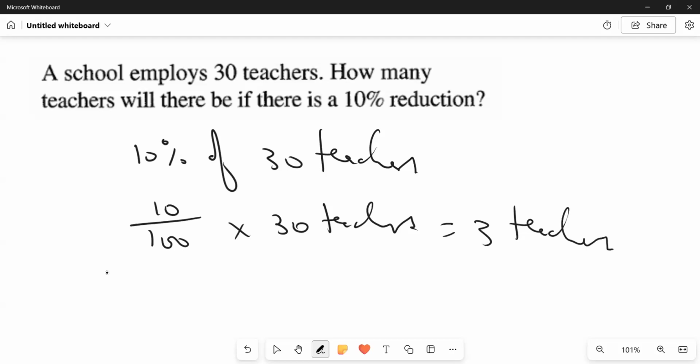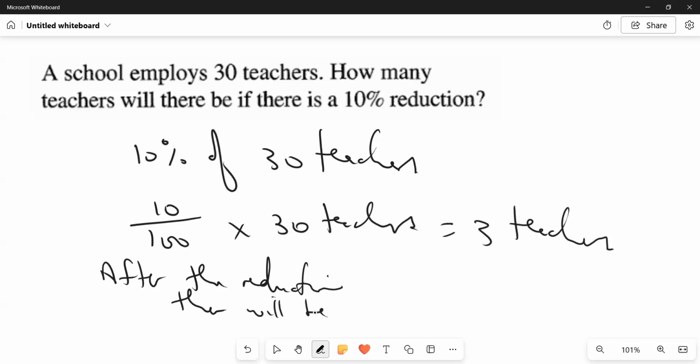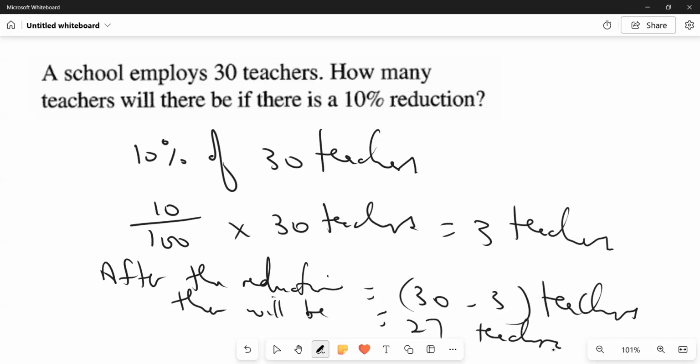So after the reduction, there was 30 minus 3, which is 27 teachers. So it's a little more involved.